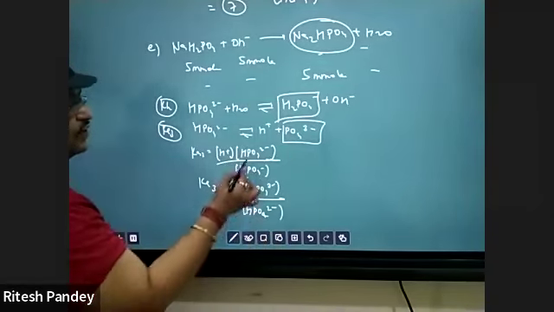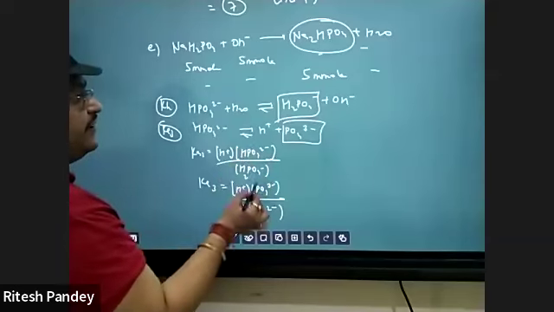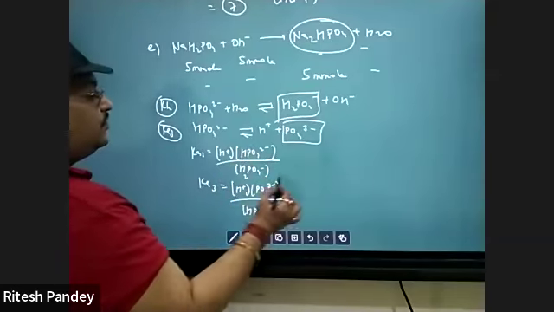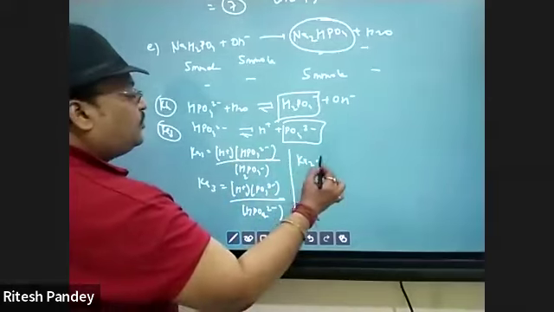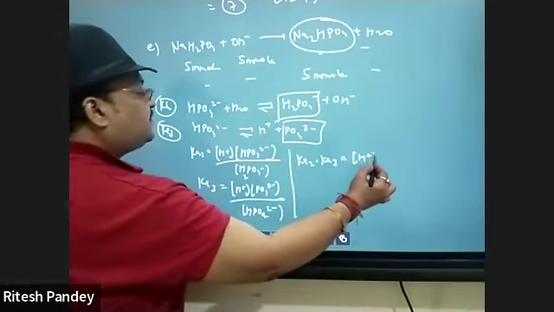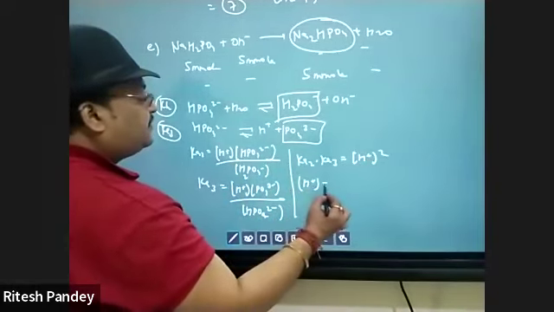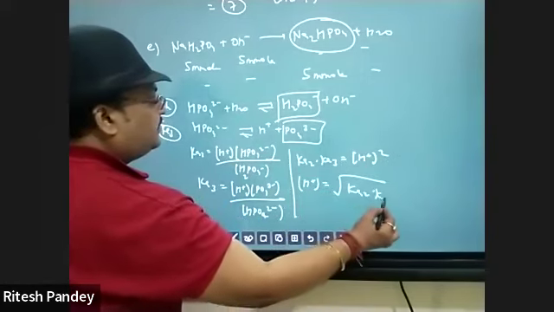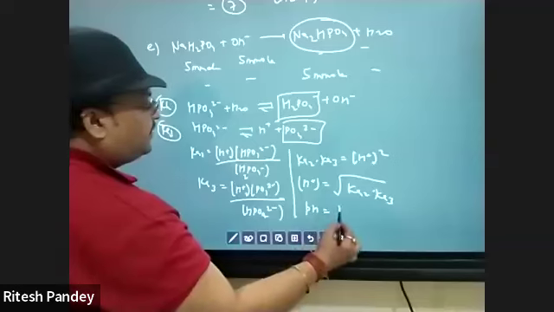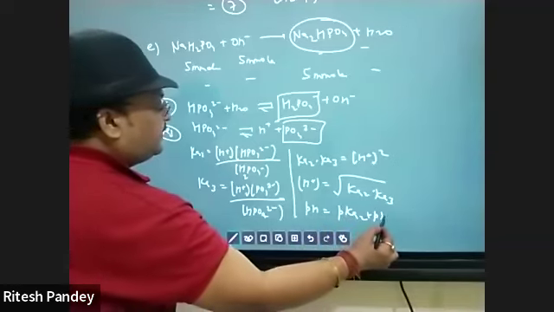Yeh to cancel hota hi hai. And I believe these two are equal. Yes or no? Which will give me the system of writing K2 into K3 as [H+] squared, which will mean [H+] is root over K2 into K3. And this is how I arrive at pH is equal to (pK2 plus pK3) by 2.